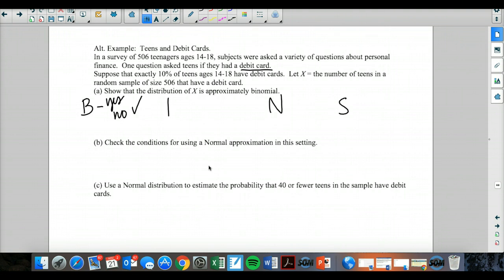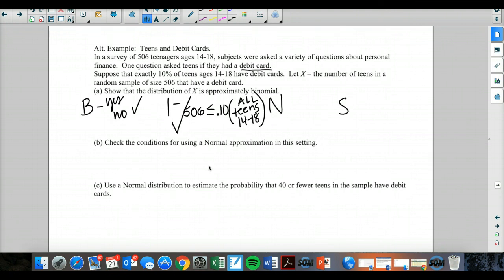I is independent. So the rule for independence is that you cannot sample more than 10% of the population. So our population would be all teenagers between the age of 14 to 18. So I would have to say that 506 is less than or equal to 10% of all teens 14 to 18. And it's very easy to say that there's more than 5,060 teenagers.